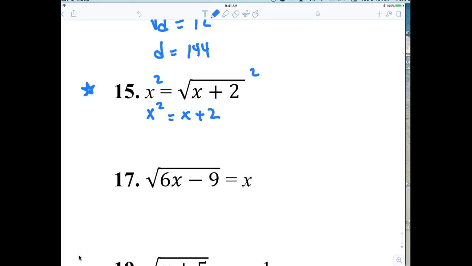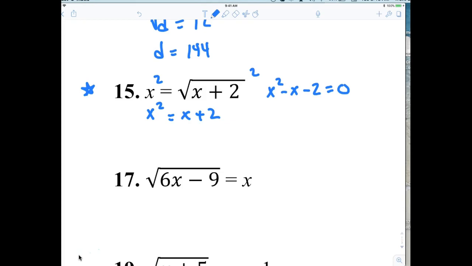Anybody have any issues with that so far? Now, this is called a quadratic. So you have to set it equal to 0. So to set it equal to 0, we have x squared minus x minus 2 equals 0.